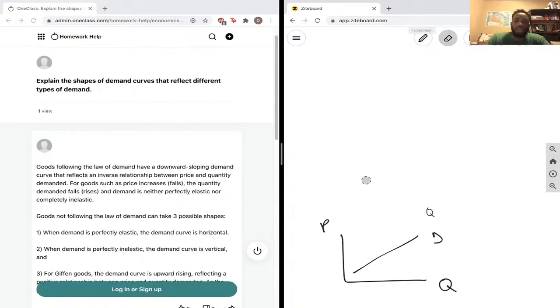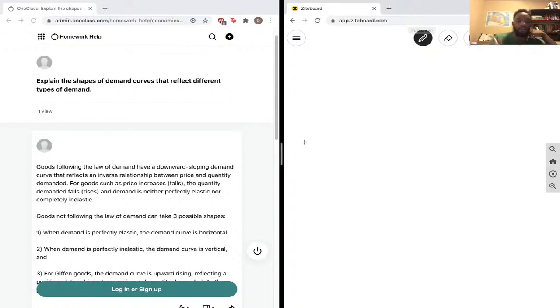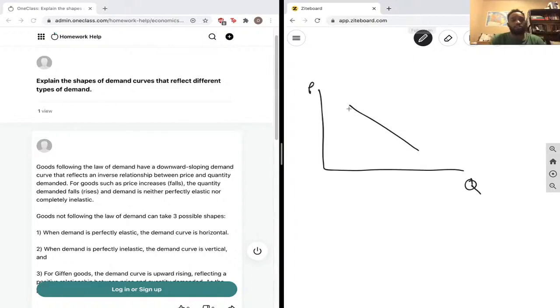And just to add a little more to speak on elasticity, as we showed, the perfectly elastic curve is horizontal. The natural shape of the demand curve is basically this, because like we said in the explanation, there's an inverse relationship between price and quantity demanded.